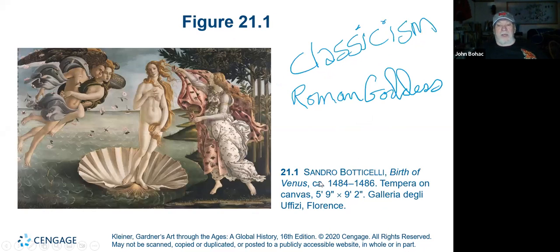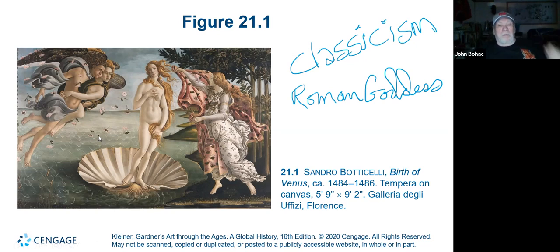With this, Botticelli, classicism, Roman goddess, Venus. And we see that nudity we've been talking about, the glorification of the human body. And this comes right out of Roman mythology.